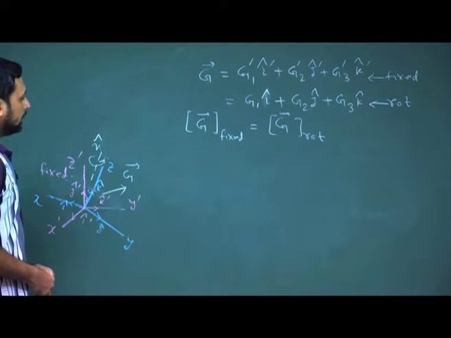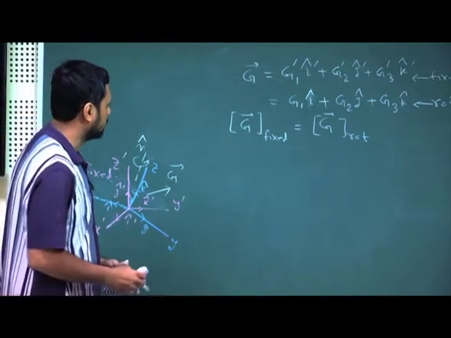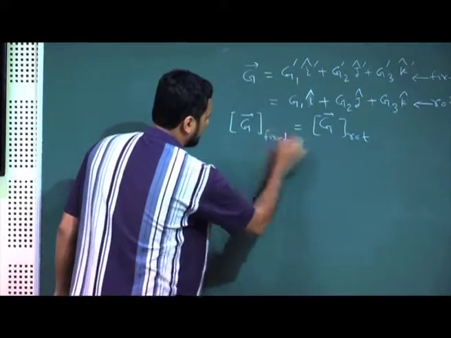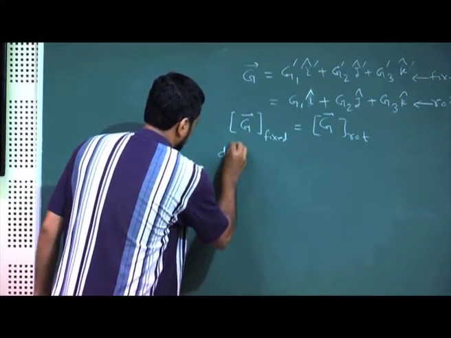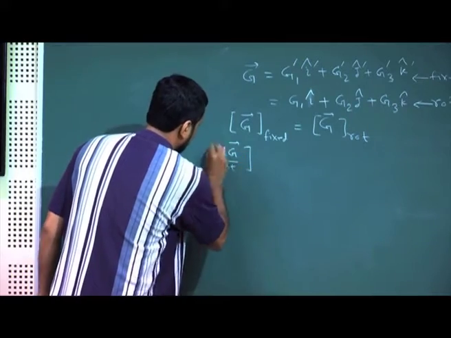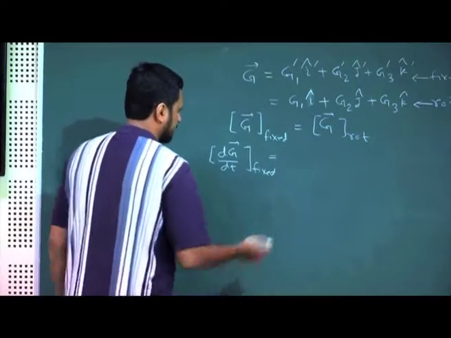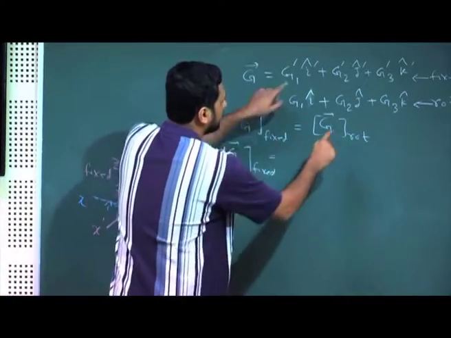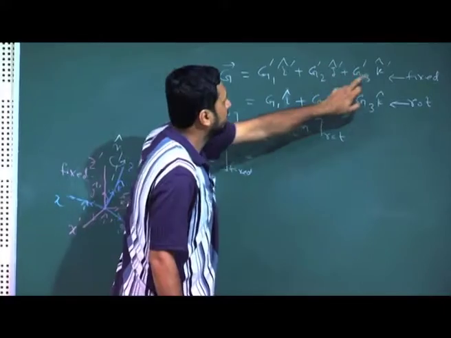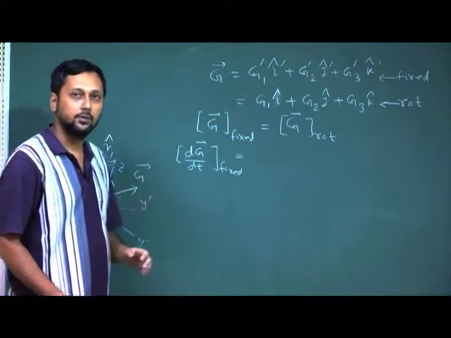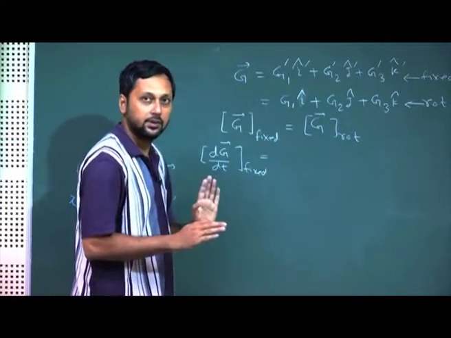Now, if we want to take the time derivative of this vector, how are we going to do that? Of course, we can just take the time derivative of both sides. For the left hand side we will have dG/dt fixed. Note that i prime, j prime, k prime are unit vectors in the fixed frame, and because they are fixed in space, their time derivative is always 0.